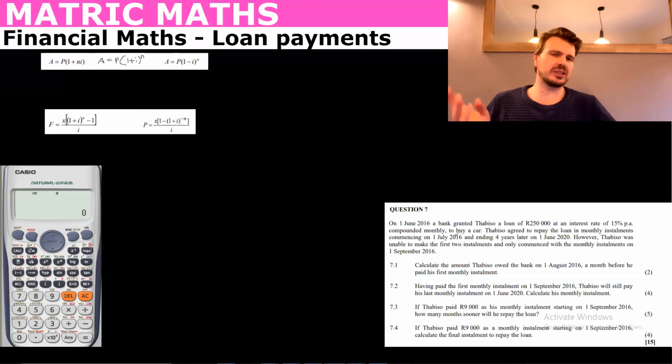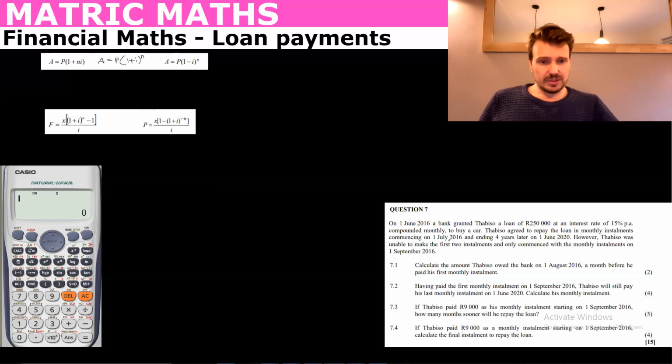Well, then you're actually just borrowing 9,000, right? So really the payment starts at the end of the month. So just remember that payments start a month after the loan is granted. And that formula for the payments formula, that takes into account the fact that the payment is a month later.